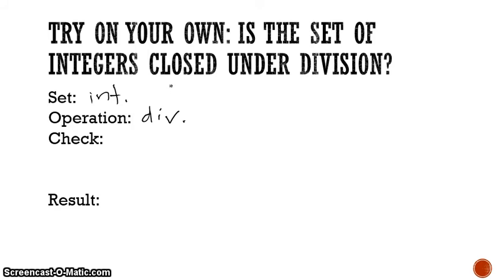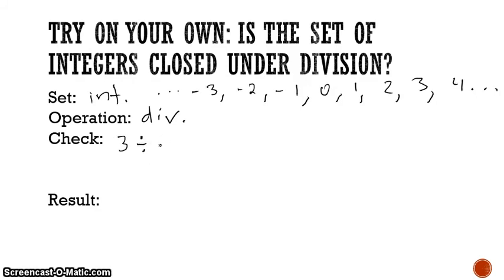So again, integers are like negative 3, negative 2, negative 1, 0, 1, 2, 3, 4, and so on. I'm going to choose 2 of them, and I'm going to try dividing them. So let's see, I'm going to try dividing 3 divided by negative 2.